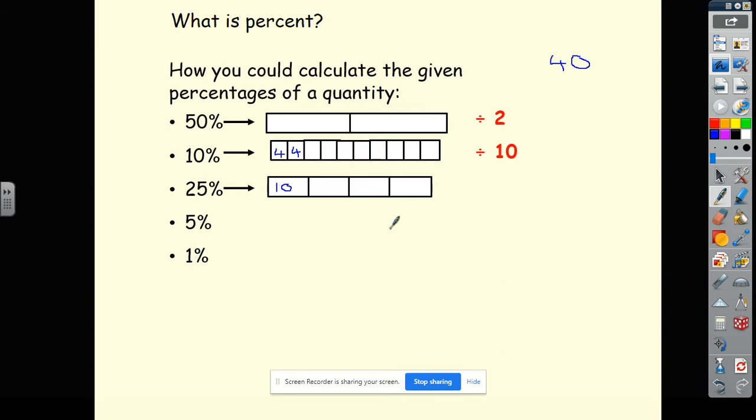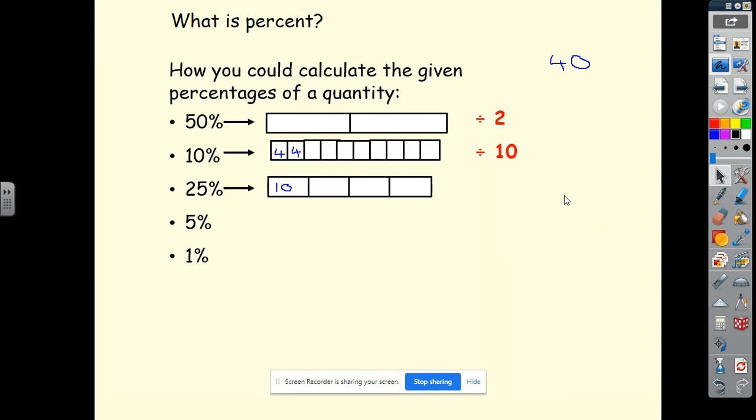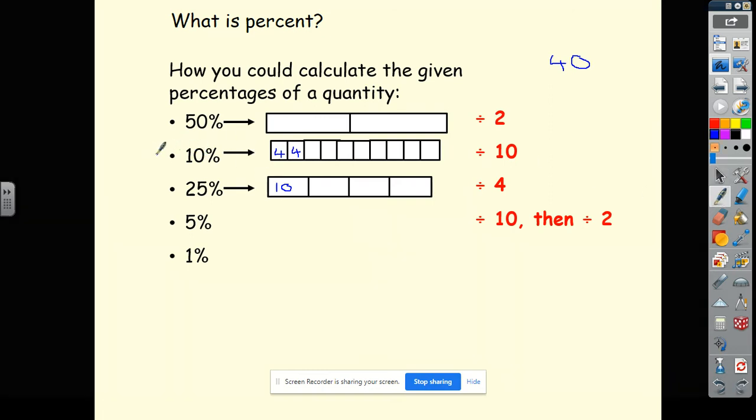Now, what about 5%? Now, we've got 2 ways that we can look at this. We could work out 10%, and then if we've worked out 10%, we could halve it to get 5%, because we know that 5% is half of 10%.